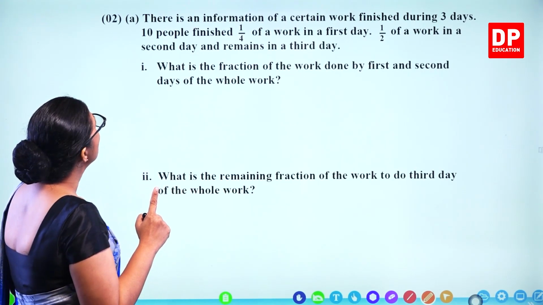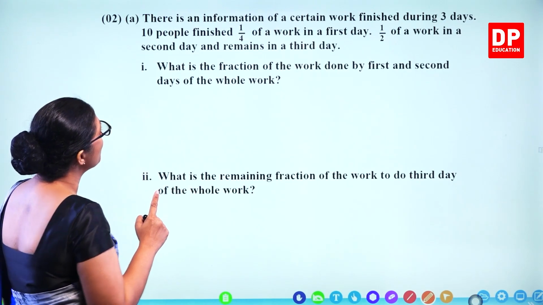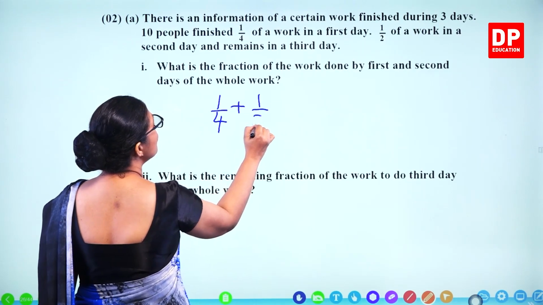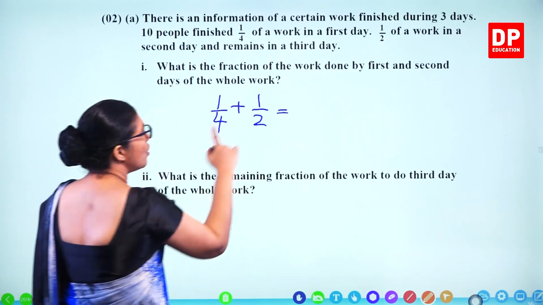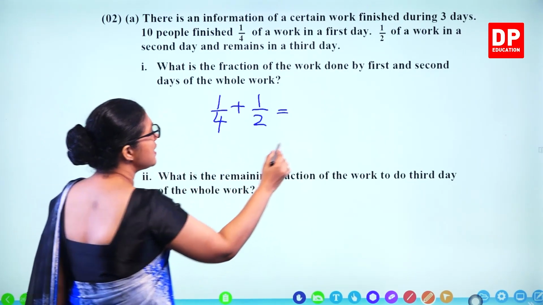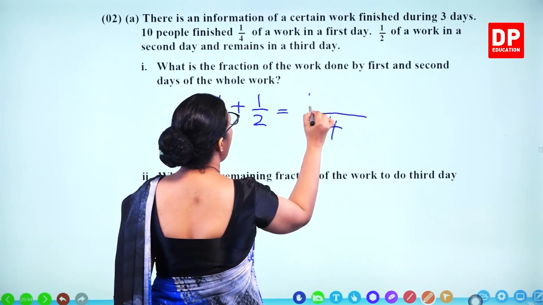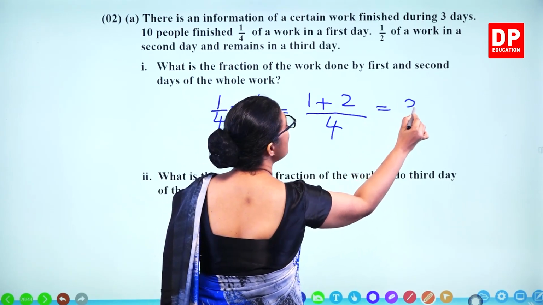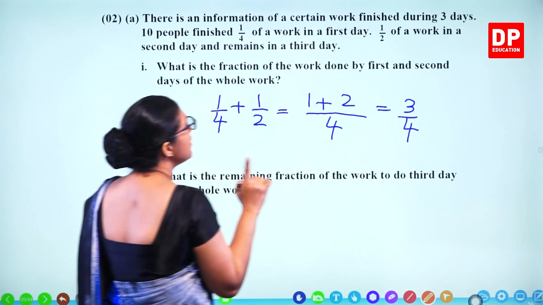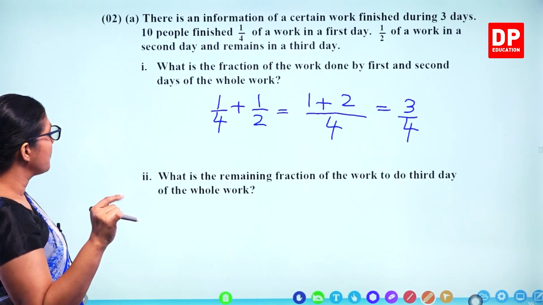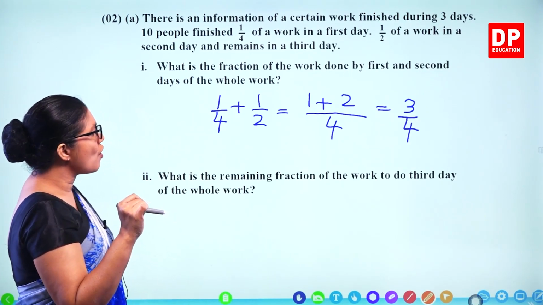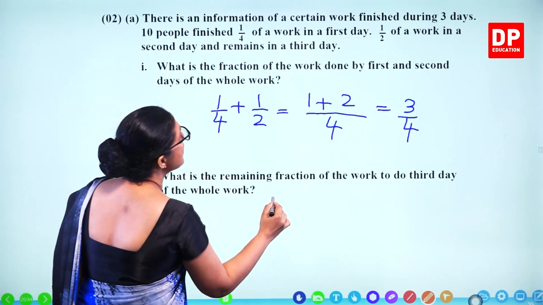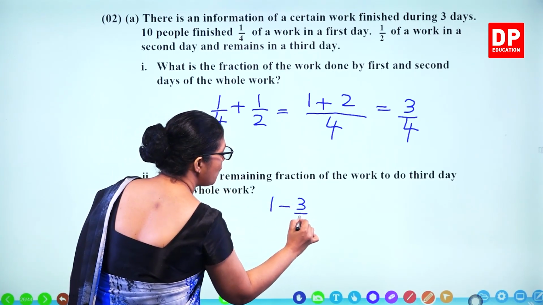So first day, 1/4. Second day, half. So you just add these two. Convert to the same denominator, that's 4, 1 and 2 times 2, 4. So this is 2. So 3/4 of the work done in the first 2 days. What is the remaining fraction of the work to do on the third day? The full work is 1, 1 minus 3/4.